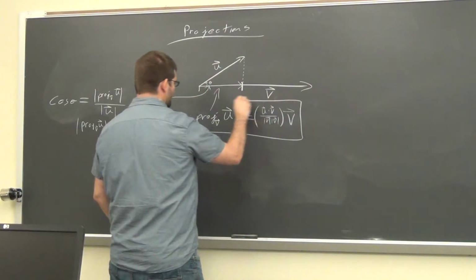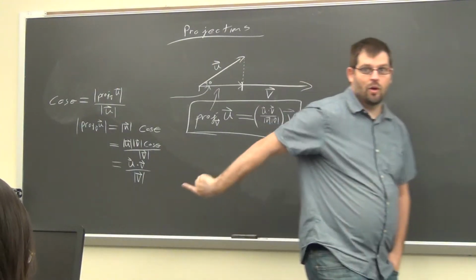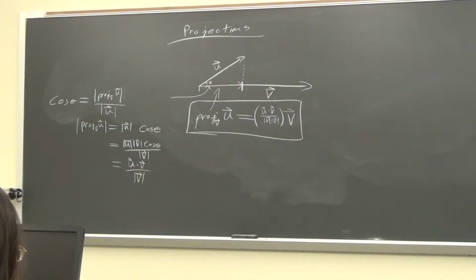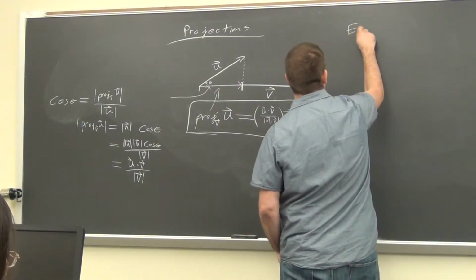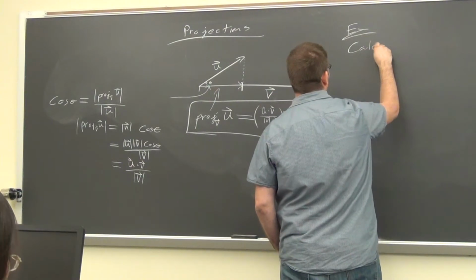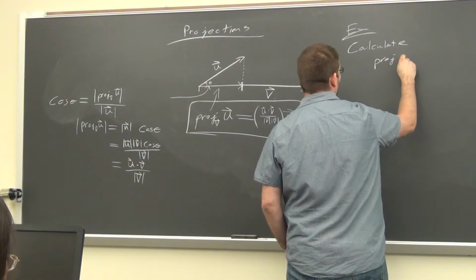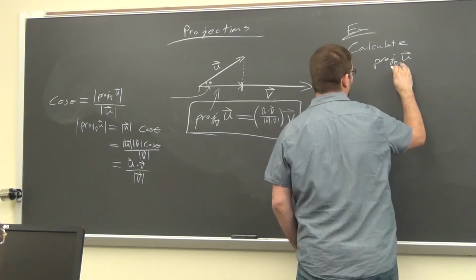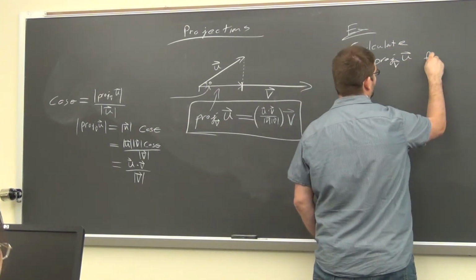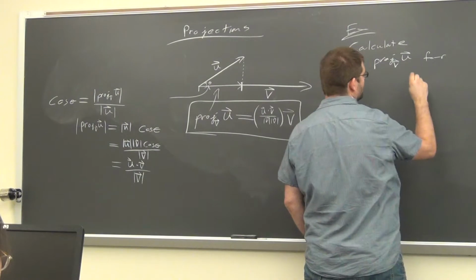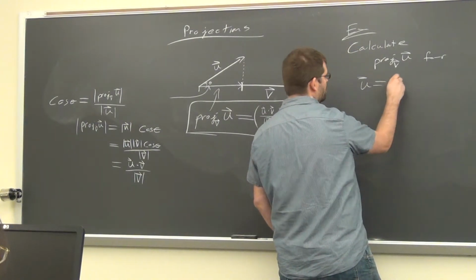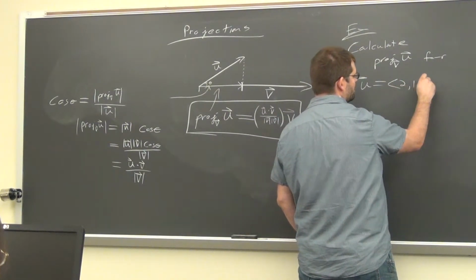I'll box this. You need to remember this formula and just apply it. Does that make sense? So now let's do this: calculate the projection of u onto v for, I'll rewrite them, the two vectors from the previous example.